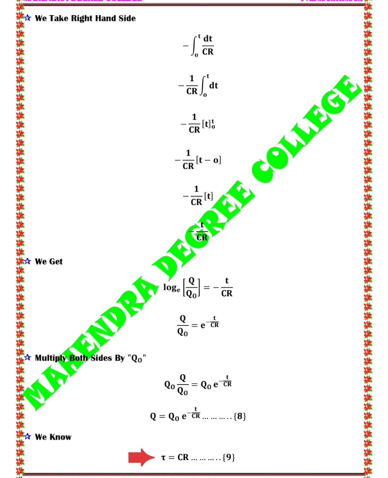This is known as the time constant, denoted by the Greek letter tau, of an RC circuit, where C represents capacitance measured in farads, R represents resistance measured in ohms, and tau represents time constant measured in seconds. The time constant tau tells us how fast the capacitor is charging and discharging.